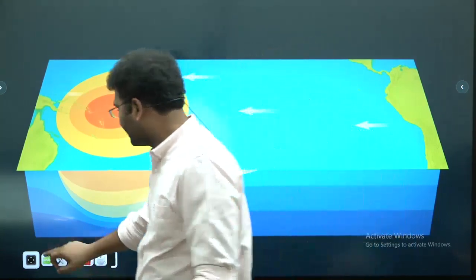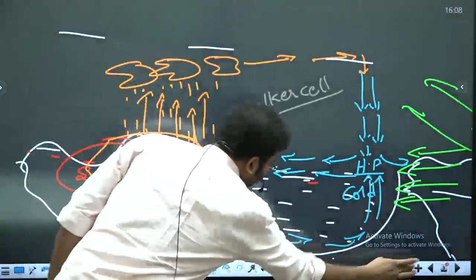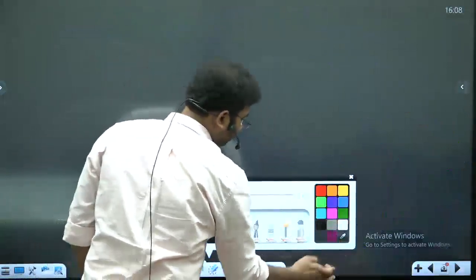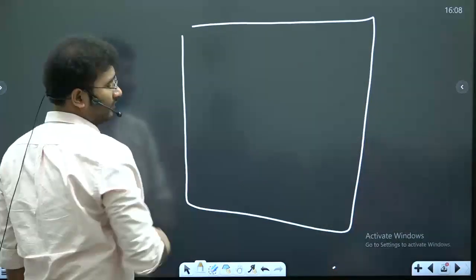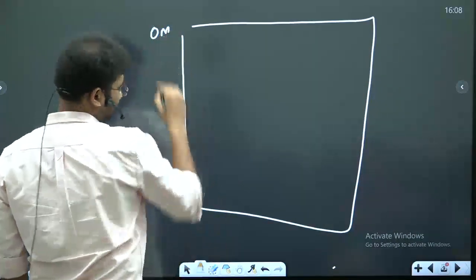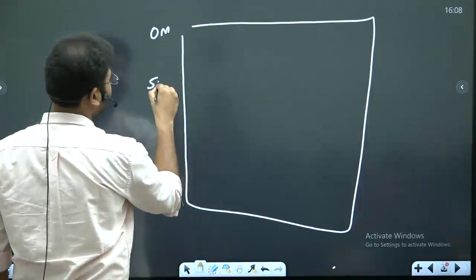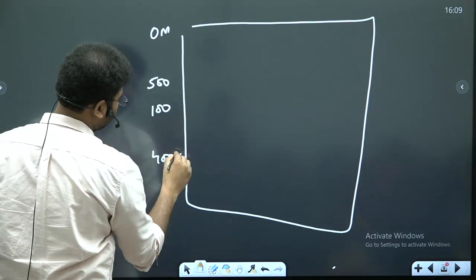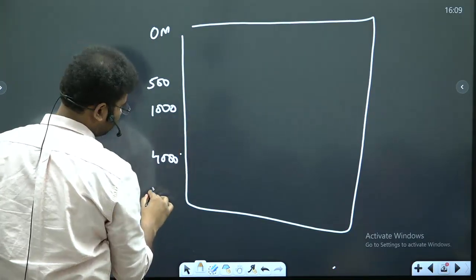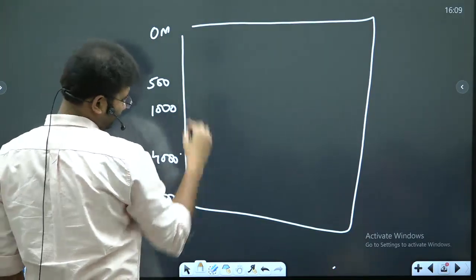See, let me come back to the concept of thermocline here. This is your 0 meters, this is your 500 meters, 1000, 4000, and this is 6000. This is ocean water.